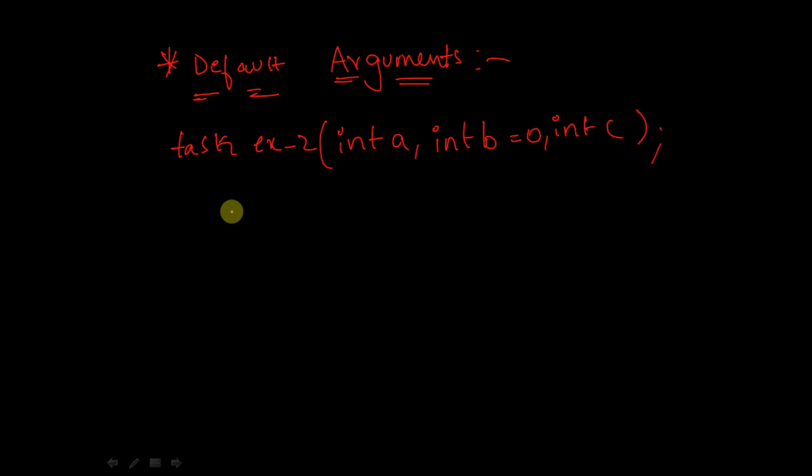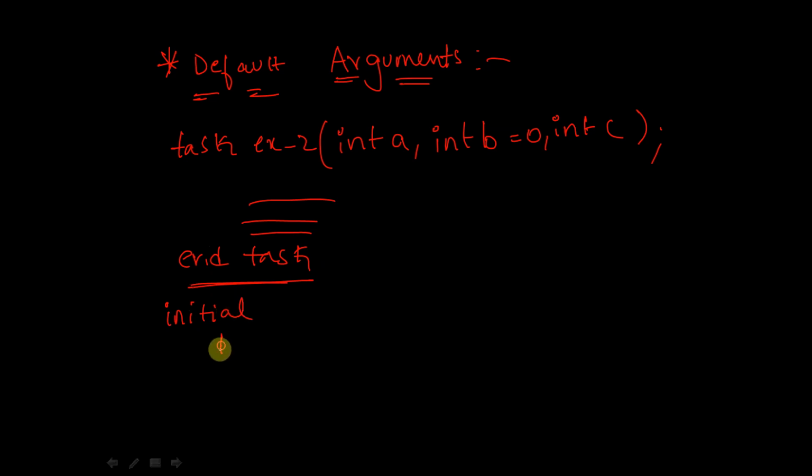These are the three arguments I have for ex_2, and I have written some logic for it and ended my task. Within an initial begin block, I call my task ex_2, using arguments passed by value.